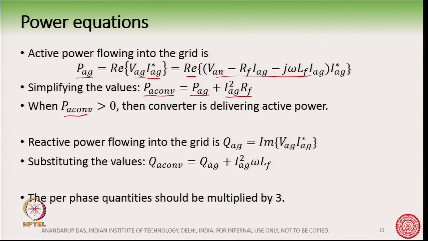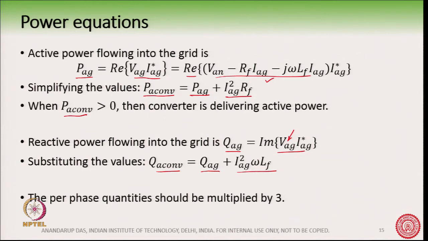Again, reactive power flowing into the grid, QAG, is nothing but the imaginary part of VI star. Okay. And so, if you substitute these values of VAG, then you will get QA converter is QA grid plus I square omega LF.